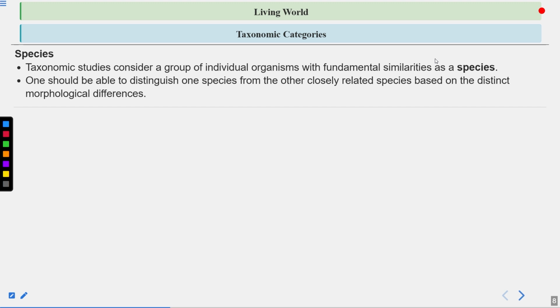So one species will be morphologically different from the other species. And the individual of a species cannot mate with, cannot interbreed with, the individual of another species. So they are reproductively isolated. Members of a species are reproductively isolated from the members of other species.